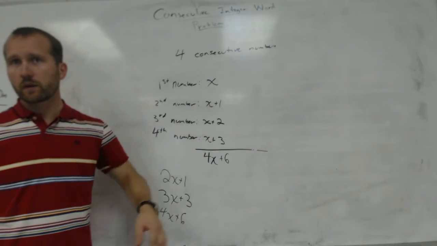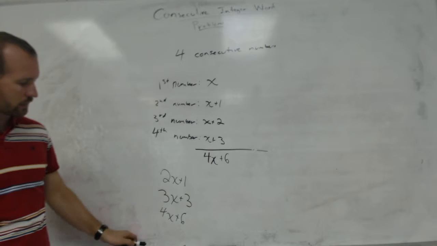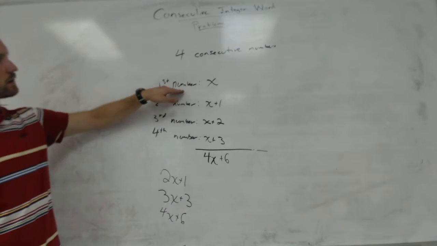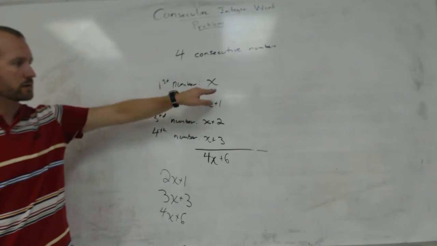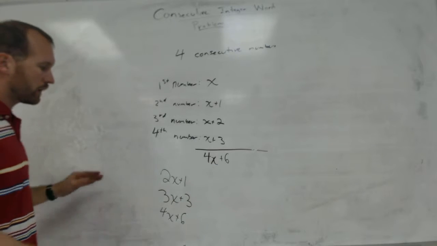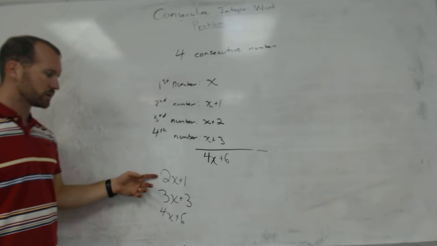But I don't really think it's worth memorizing this, because you can get it so easily just by listing out your numbers and then adding up your x's and adding up your numbers, your constants.